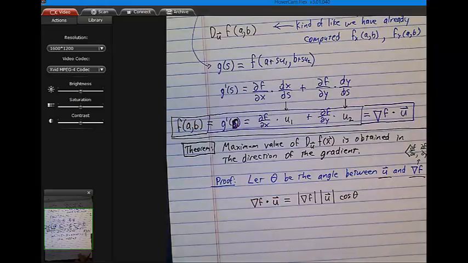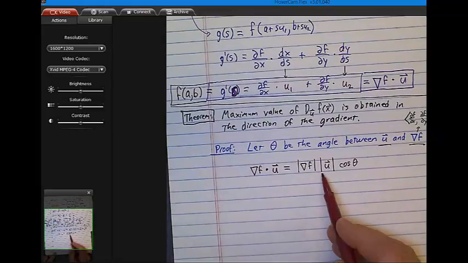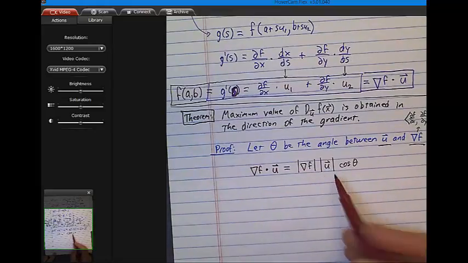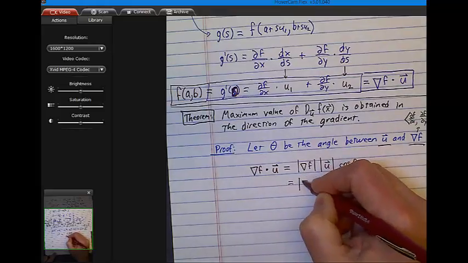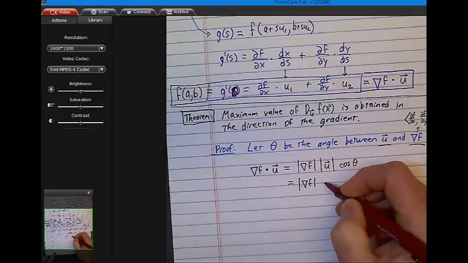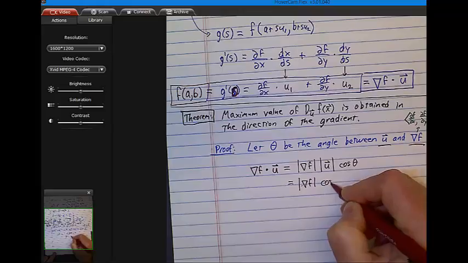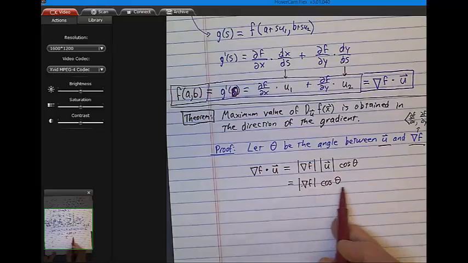So we kind of took that identity apart here. And now what else do we know? Well, wait a minute. What's the magnitude of u? 1. Okay. So really all we have is the magnitude of grad f, the gradient of f, times the cosine of theta, right? Now wait a minute. How do you make this as big as you can?